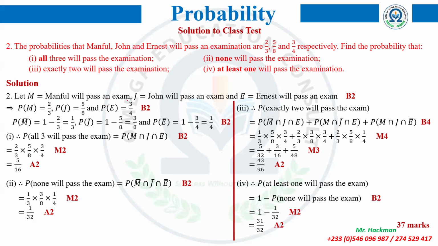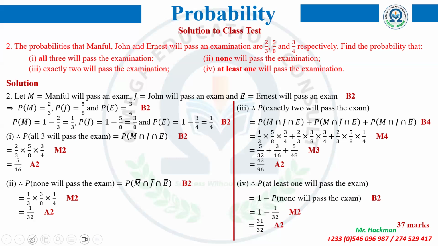If you bring probability here, in terms of the notation it will be probability of probability, which will be obviously a tautology. So once you've represented your event by these letters, this implies that P of M, where M means Manfo will pass an exam, is 2 on 3, just as you were given here. You do the same for J, John, then that of E. So equally what we have here.